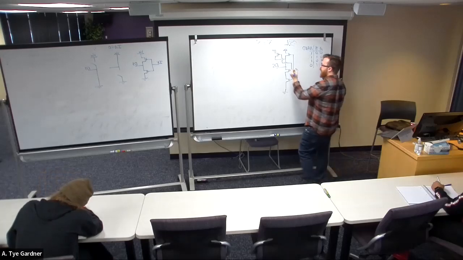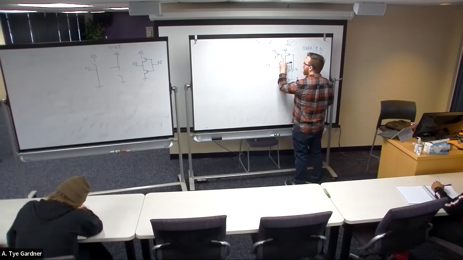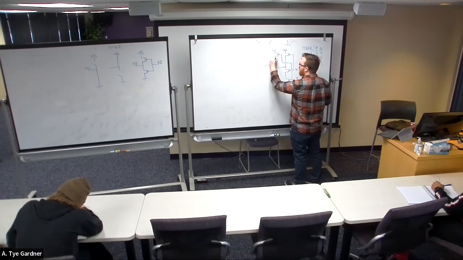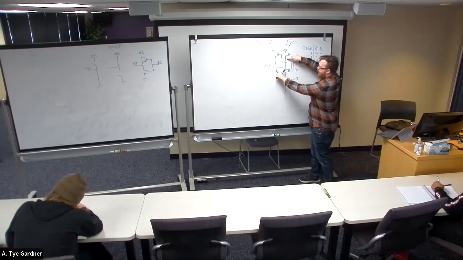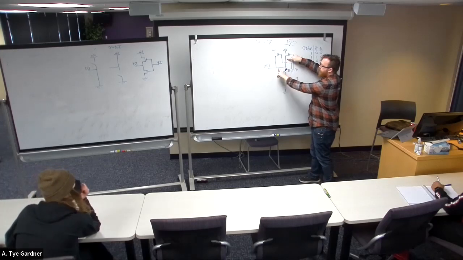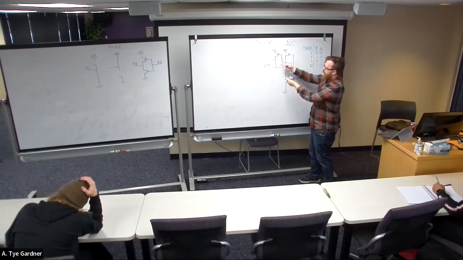I guess if I wanted to be a little bit less messy, I could probably do it this way. That's the same thing because I was connected here and now I'm connected here, but there are no devices in between those 2 points, so they're the same point, the same signal, the same node, right? Does that make sense to everyone? That I redrew it, but it's the same thing.